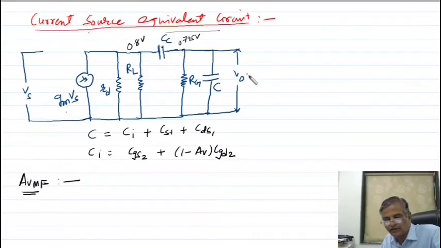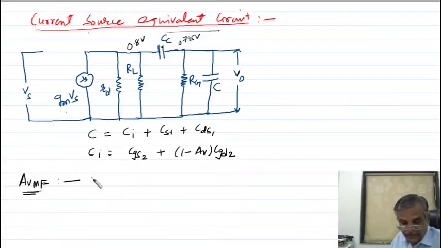This does not have any effect on the output voltage. So this can be omitted. So whenever you want to do the mid frequency analysis, this series coupling capacitance and shunt capacitance can be neglected. So I can neglect them and I will draw the equivalent circuit as shown in figure.